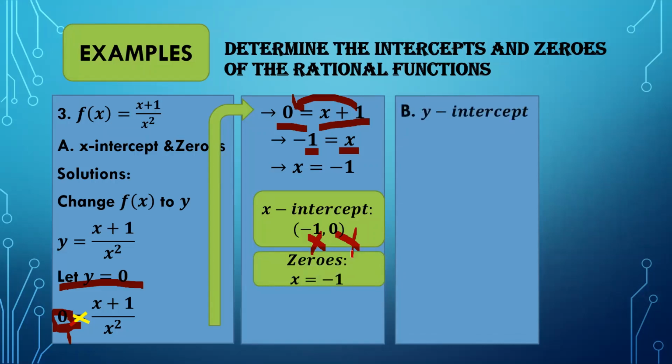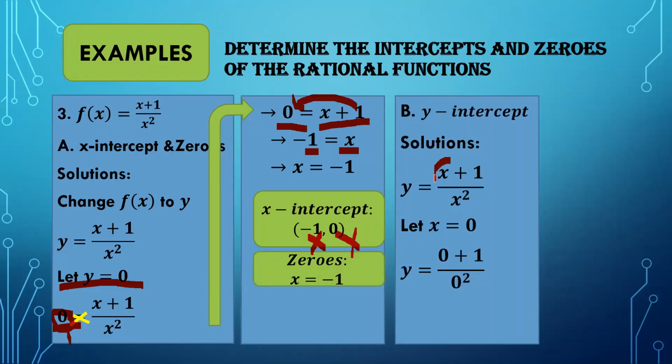Then the y-intercept, we have here the solution. Again, we change f of x to y, then copy the original equation. Then let x be equal to 0. So again, this will be 0, this will be 0. So 0 plus 1 is 1, and 0 times 0 is 0.